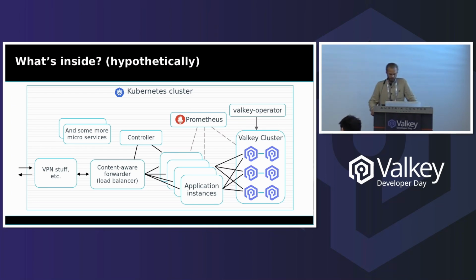So any network traffic, whether it's from the radio antennas or from a gateway or anything else, comes in through a network. In this case, we have a content-aware load balancer that can match on the packets of the data which phone it is about, which user equipment. So it can always forward it to the same application instance, a container with a process running the same application.